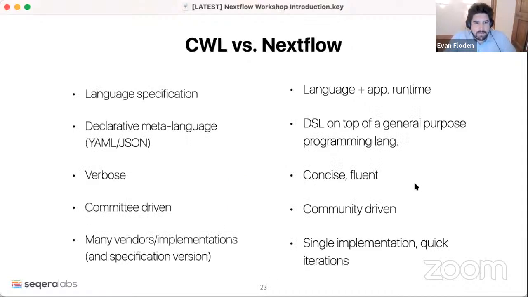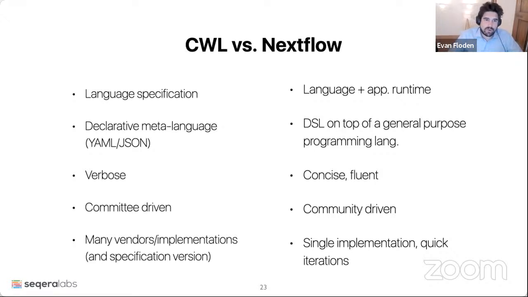Okay, some comparisons with the syntax of Nextflow versus CWL. We've got this obvious comparison here between one being a specification in CWL, whereas something like Nextflow is much more around both the language and the runtime, so those two things are combined. Obviously, a big difference is being a DSL, a domain-specific language. Nextflow seems to be quite fluent in the sense that it's quite easy to read.